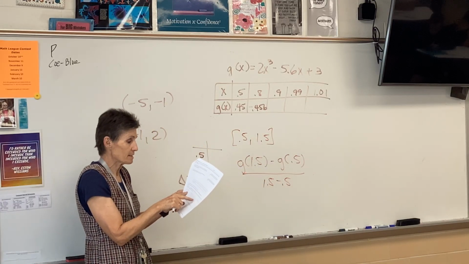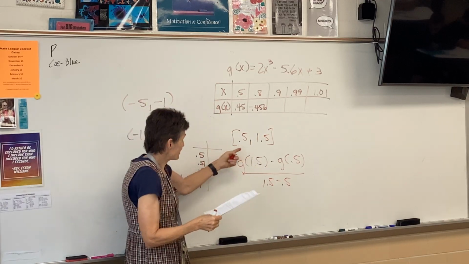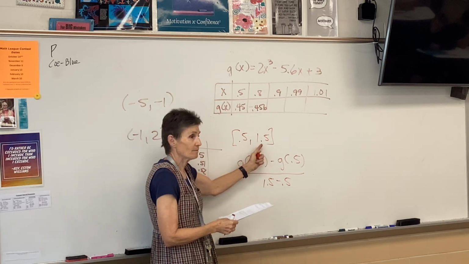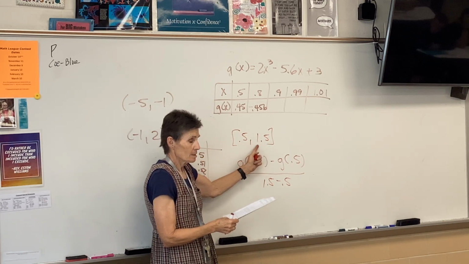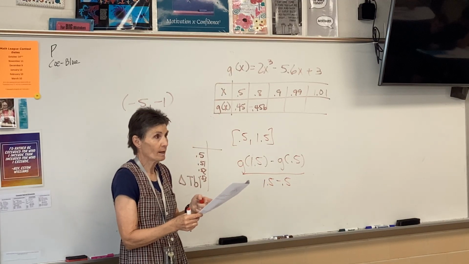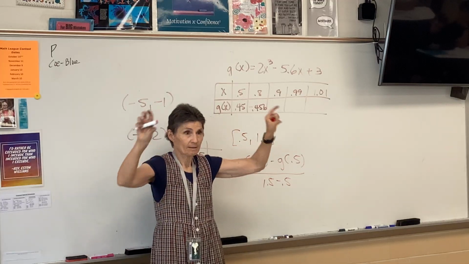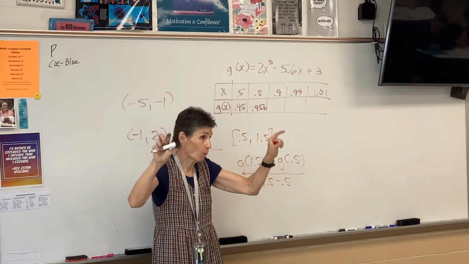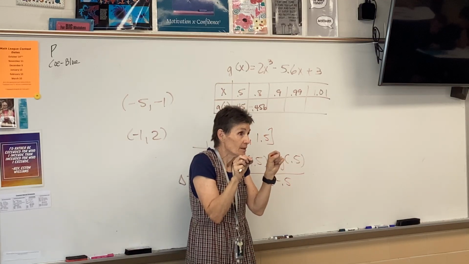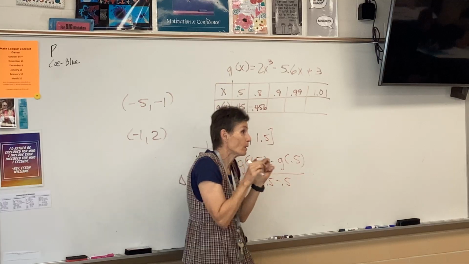Now notice these two, what's the midpoint of 0.5 and 1.5? 1. Look at the next interval, what's the midpoint there? 1. But notice this one has a radius or whatever of 0.5. The next one has a radius of 0.2, and then it's 0.1, and then it's 0.01.